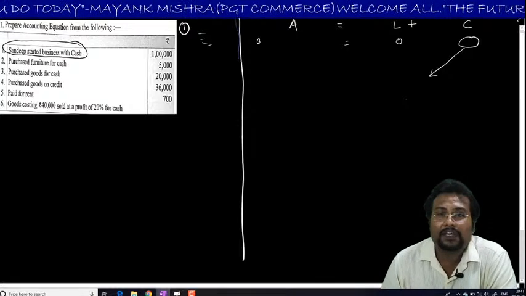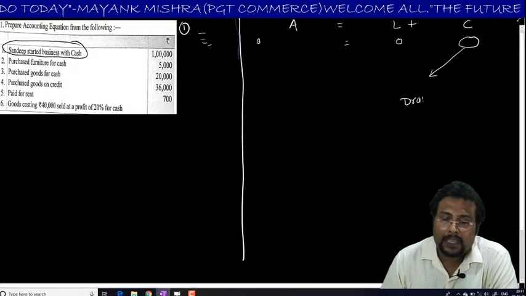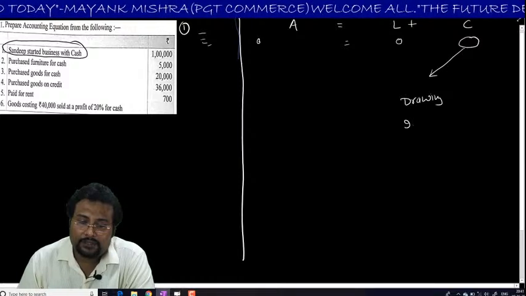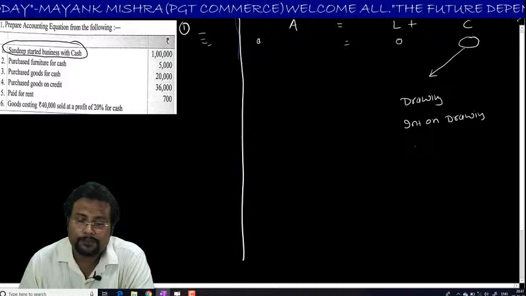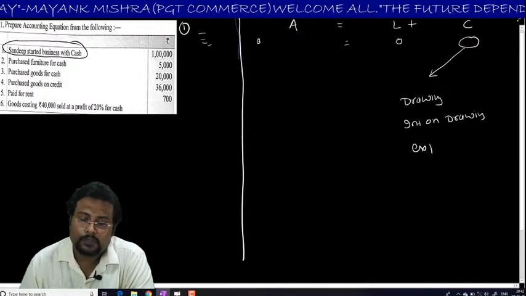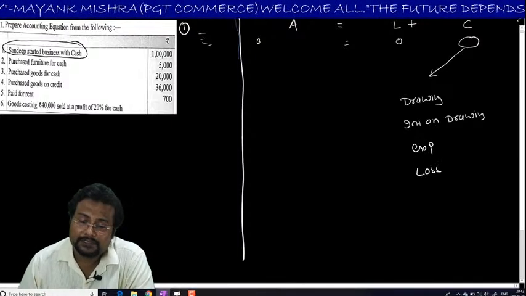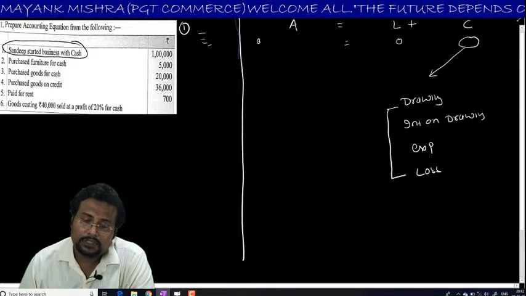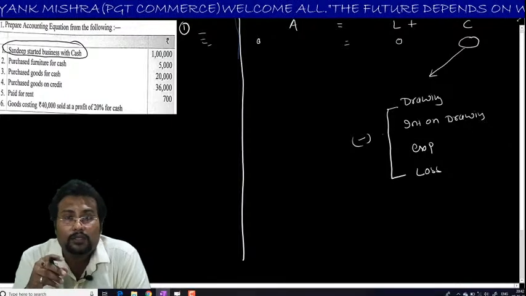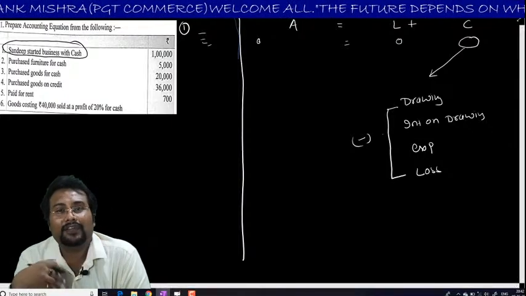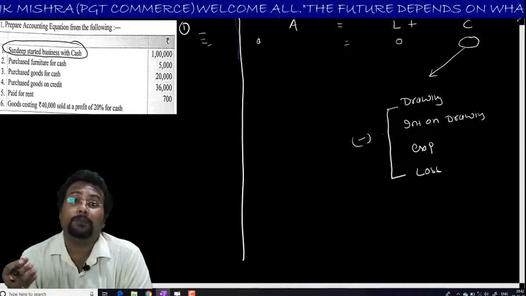Simple, I'm just giving a formula to you. Any drawing, any interest on drawing, and any expense or loss will decrease the capital. Drawing is when the proprietor withdraws money or goods for personal use.